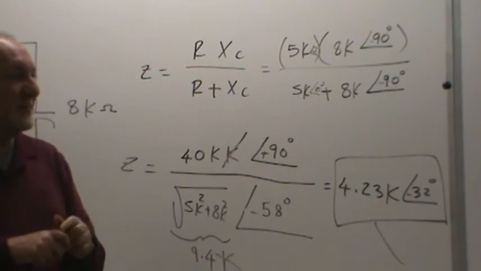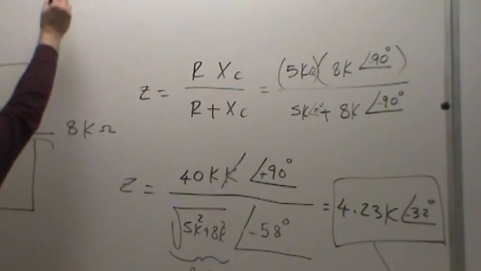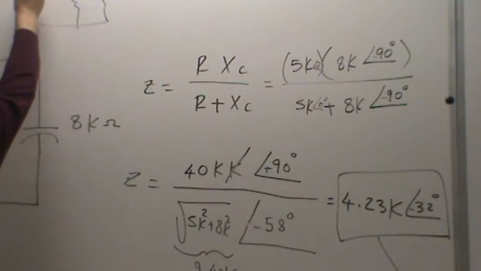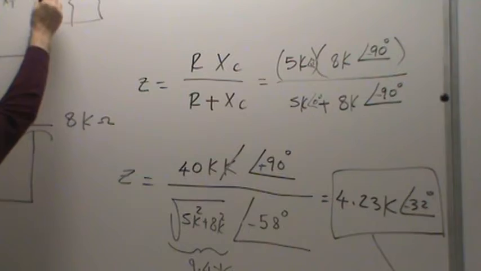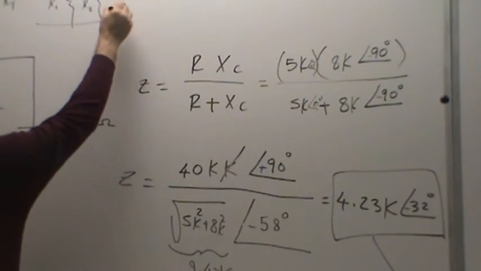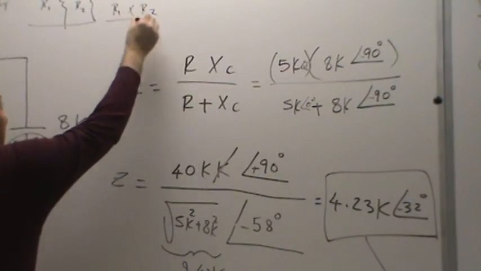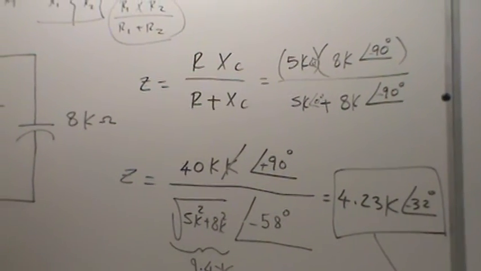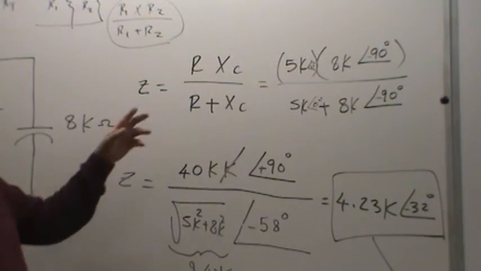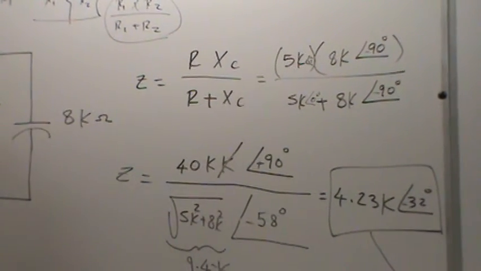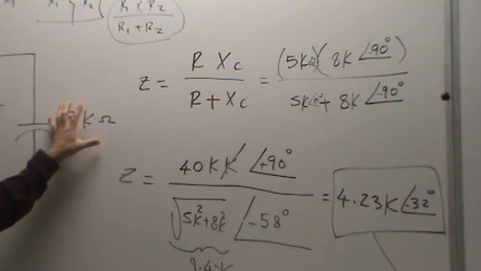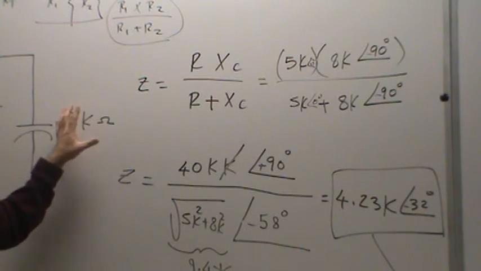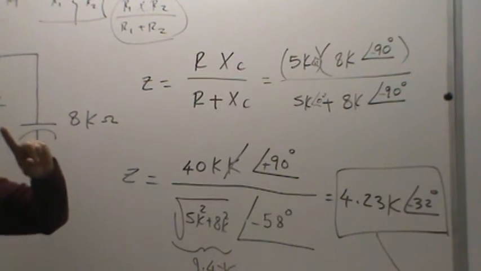If we had two resistors, R1 and R2, in a parallel circuit, R total, we use R1 times R2 divided by R1 plus R2. Do you remember this formula? It's the same thing, except instead of R2, I have X of L. So this times this divided by this plus that. That's product over sum.